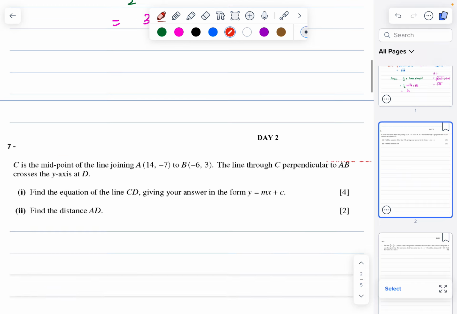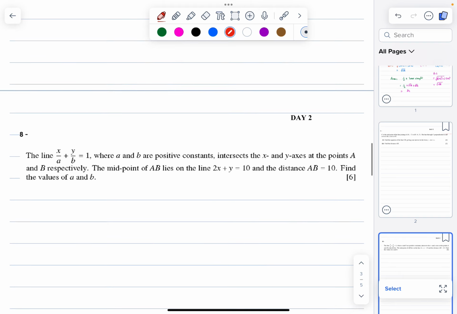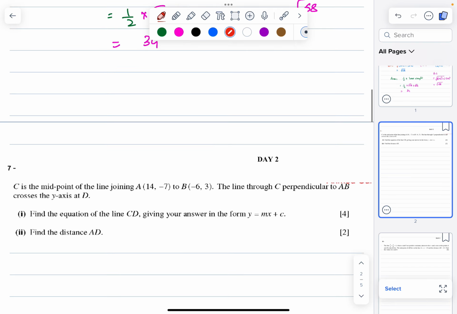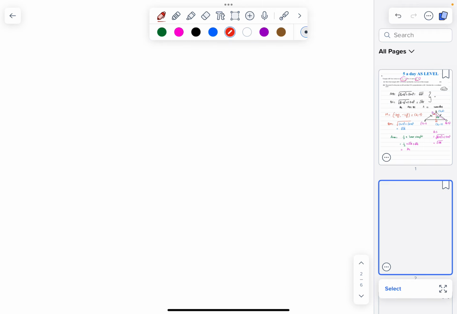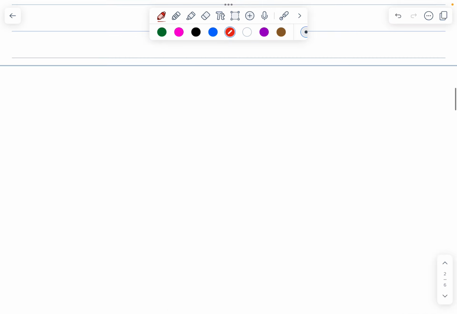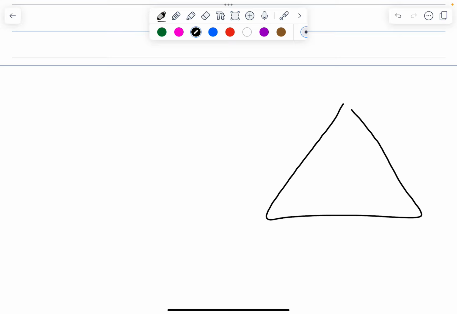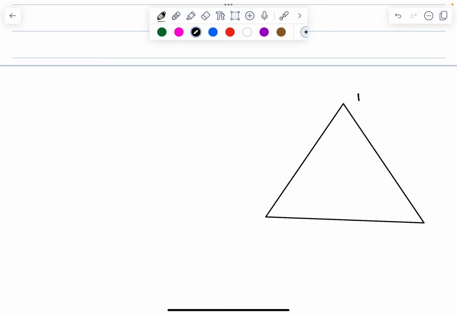For that, what should I be doing? Let me draw the diagram again. This is B, A, C. Now C to D I am drawing such that it is perpendicular.